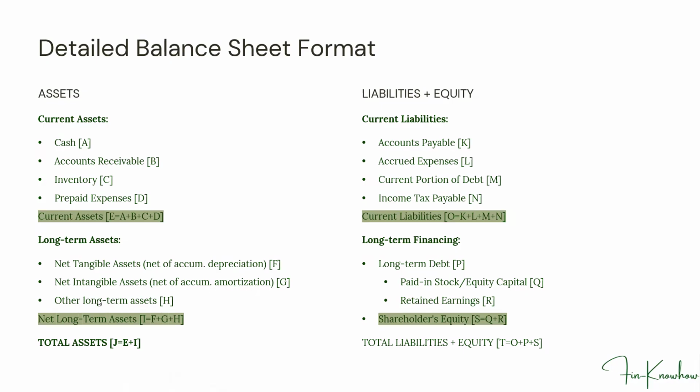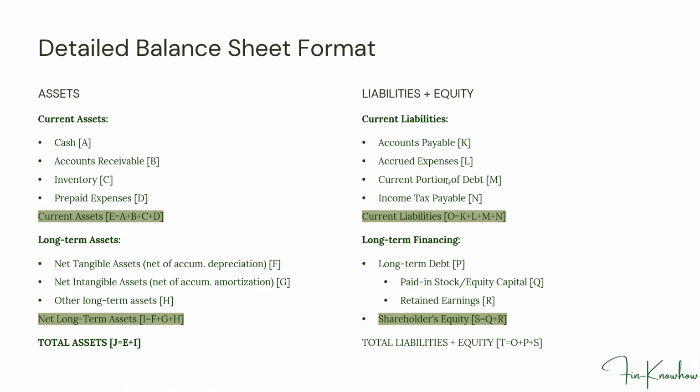Other long-term assets may include things like goodwill. So if you add up all these long-term assets, which is F plus G plus H, you get net long-term assets. And if I add E, which is current assets, to the net long-term assets I get total assets. Now you have to remember that these total assets have to equal total liabilities.